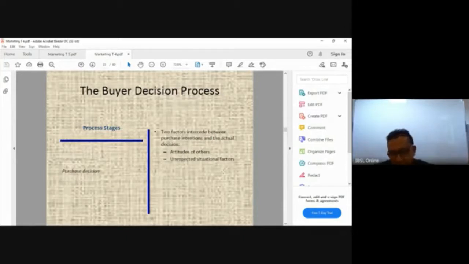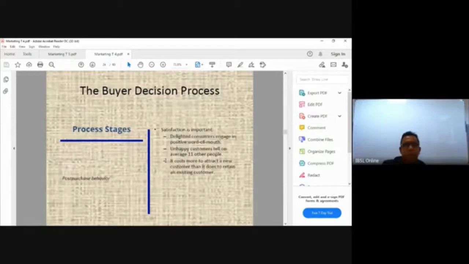He or she might pass on a negative message about your decision. And with unexpected situational factors, there can be situations where you suddenly want to change the decision, maybe due to economic reasons or whatever.